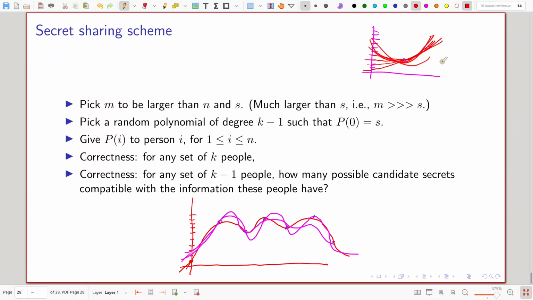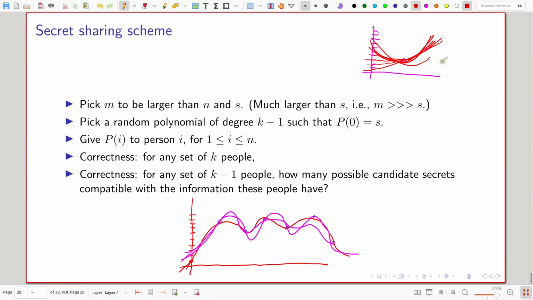So for any possible secret, there's one parabola that goes through it, so all the possible secrets are not eliminated. So knowing fewer than k points doesn't give you any information at all. So that's the idea. That's why this secret sharing scheme is safe.